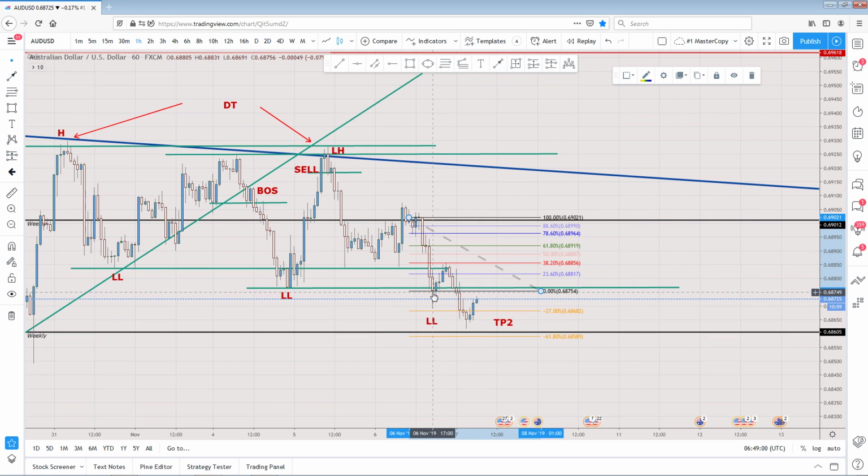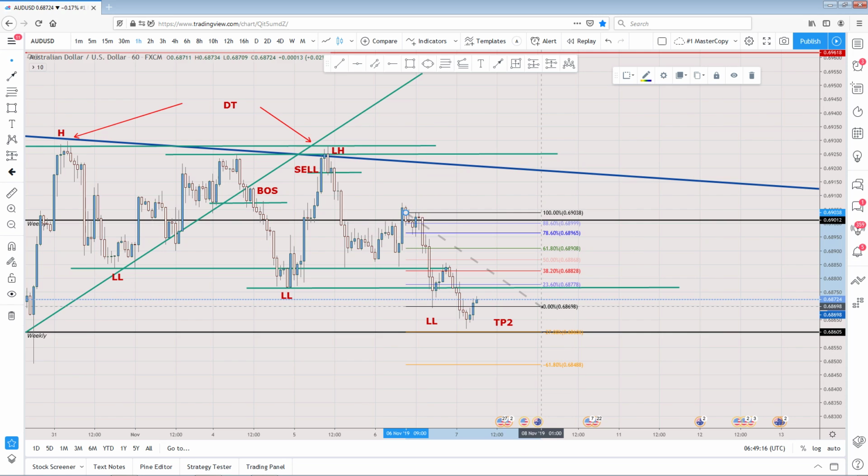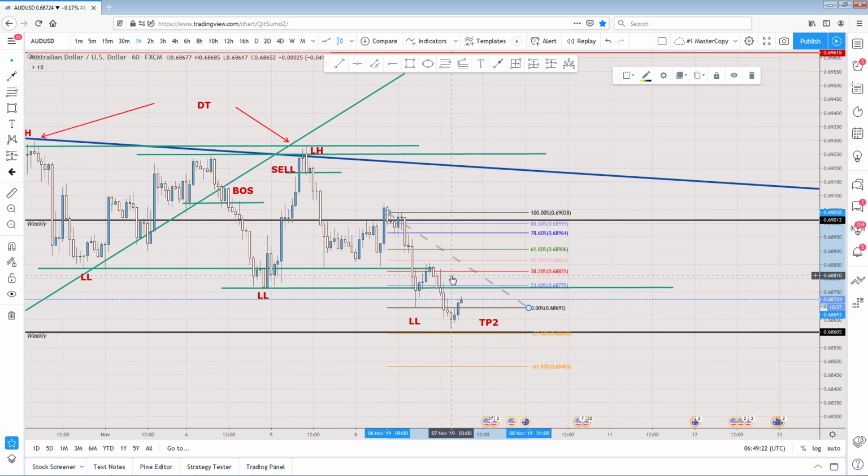Here I went from the body to the body and then looked at the measurement, and then you can also go from wick to wick. See how I just went to the wick here? Either way, people practice both of them. Just see what works on the chart, right?